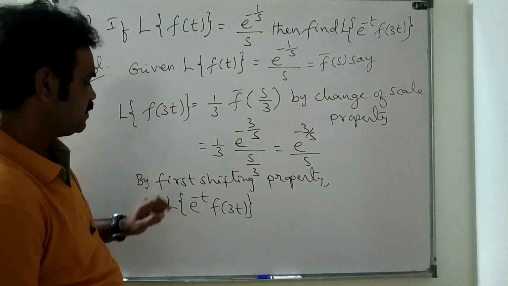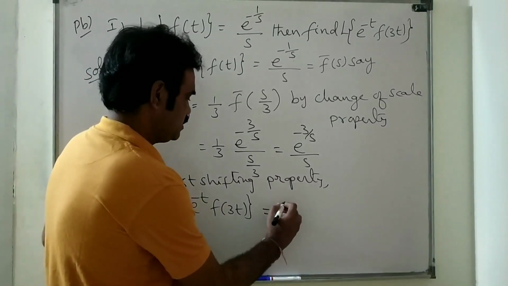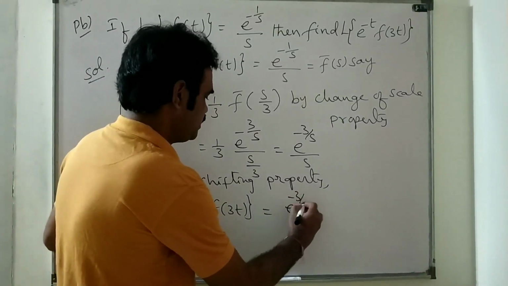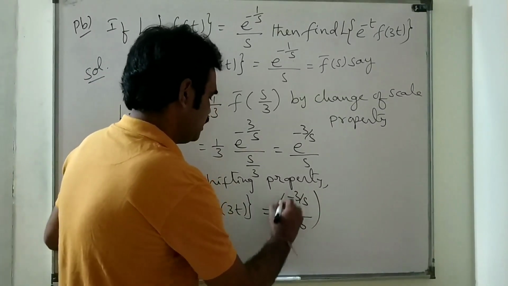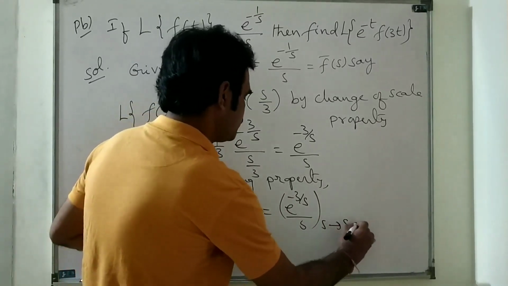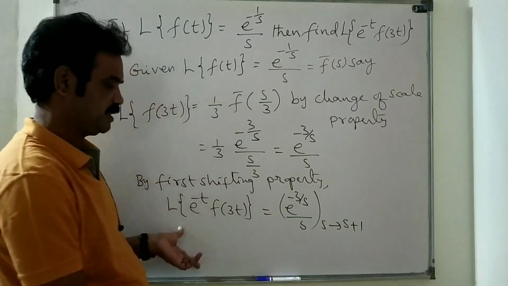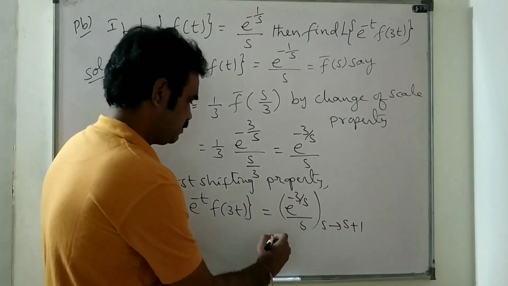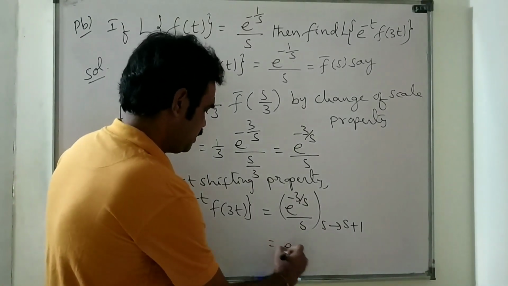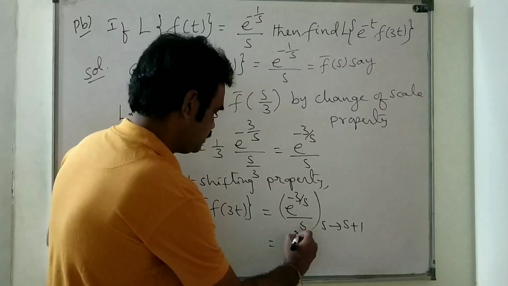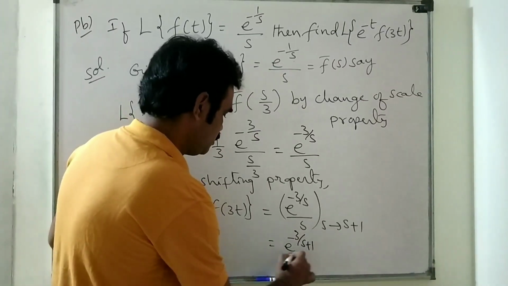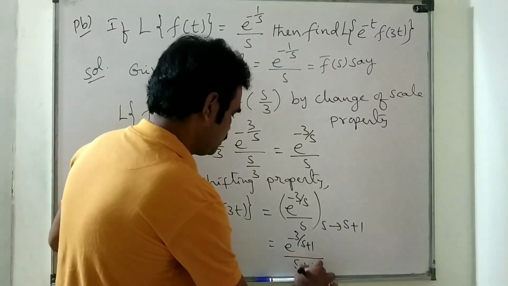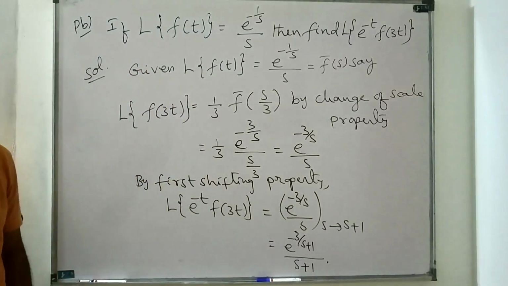In that replace s with s plus 1, since there is e power minus t, by first shifting property. That is equal to e power minus 3 by s plus 1 whole by s plus 1. This is the required Laplace transform.